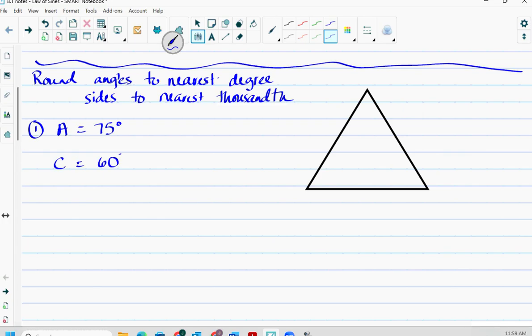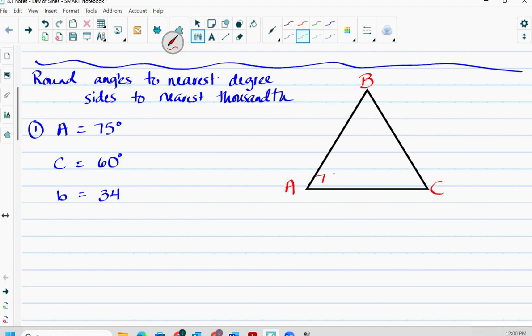Angle C, 60 degrees. Side B is 34. All right, so we're going to label our triangle.